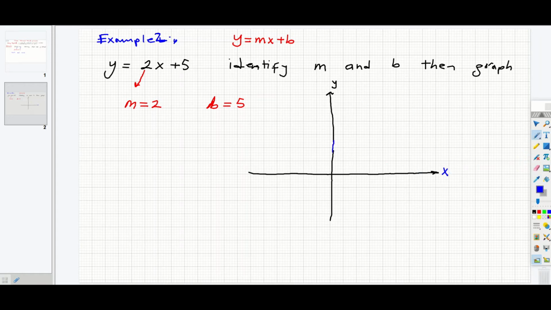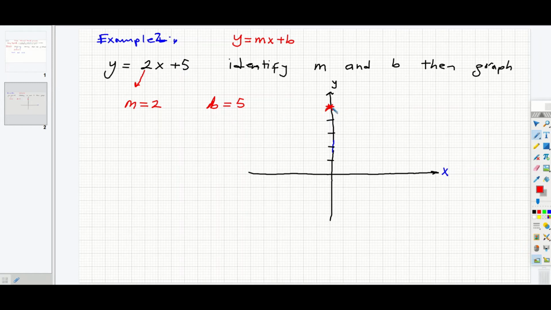Since the y-intercept is 5, we always start with the y-intercept: 1, 2, 3, 4, and 5. This dot right here is the y-intercept.